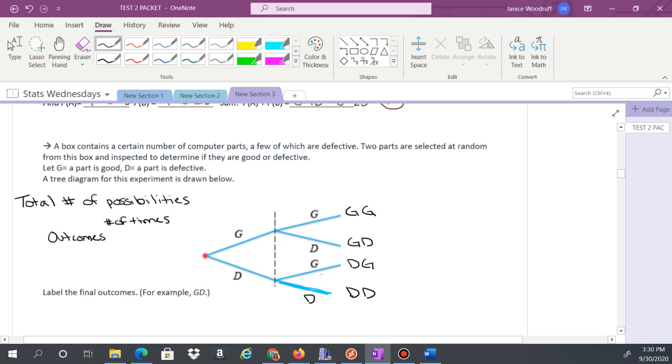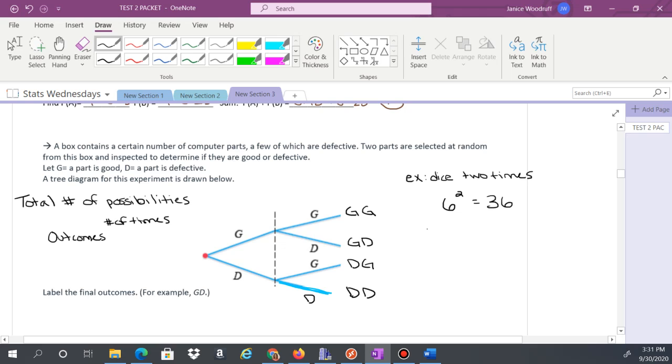So for example, if I roll a dice 2 times, there are 6 sides on a dice and you're rolling it twice. You're going to have 36 possible outcomes. A 1 and a 1, 1, 2, 1, 3, 1, 4, etc., all the way to 6 and then 6.